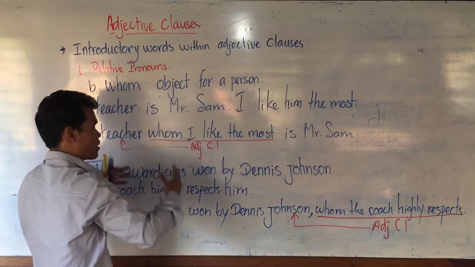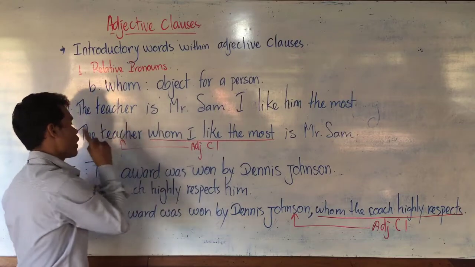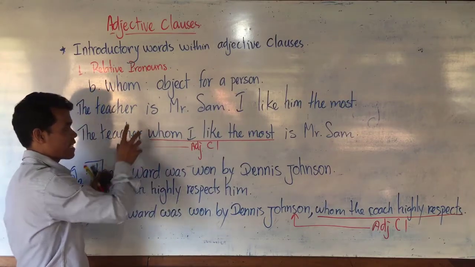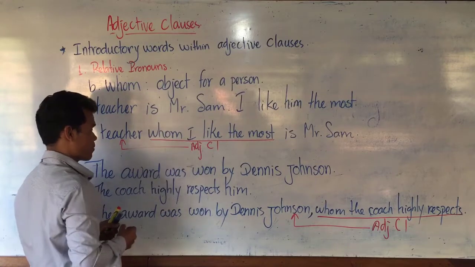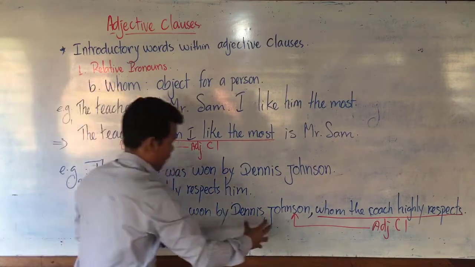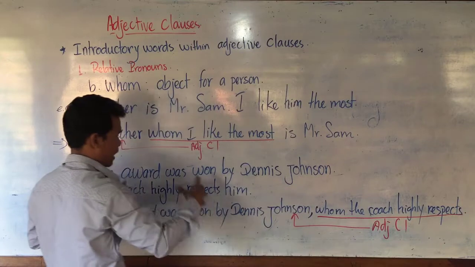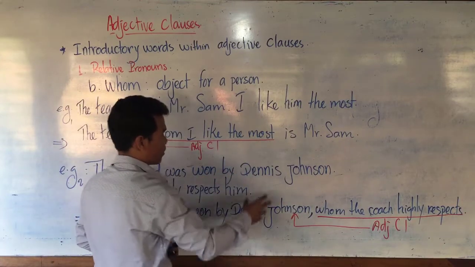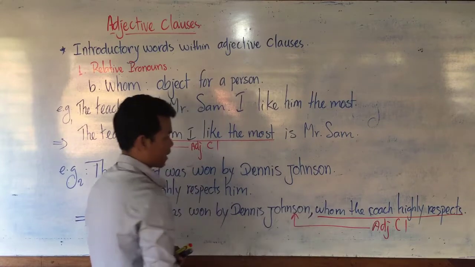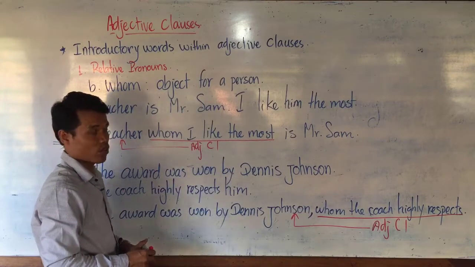If these two are the same, you have to use one noun as the antecedent and the other is replaced with a relative pronoun, who, whom, or something like that. But if the antecedent noun in a sentence is a proper noun, that clause we use with a comma, and it is called a non-defining relative clause.